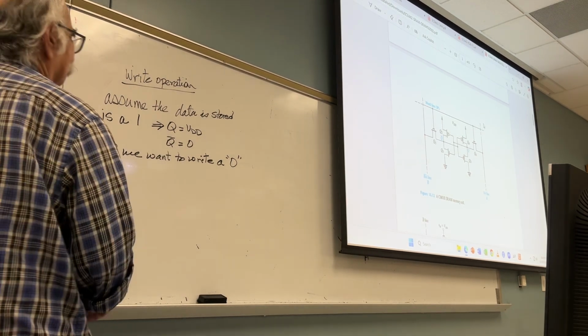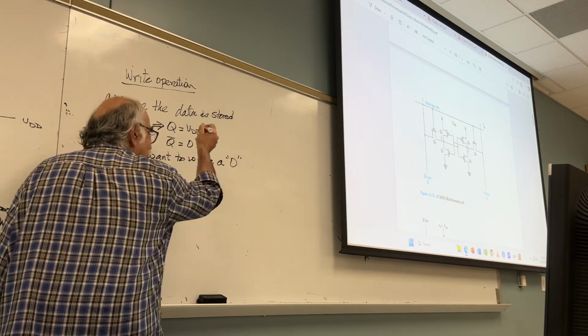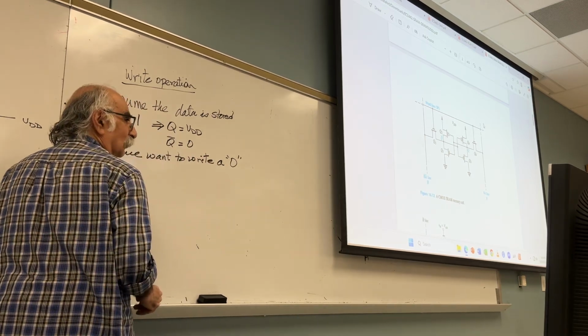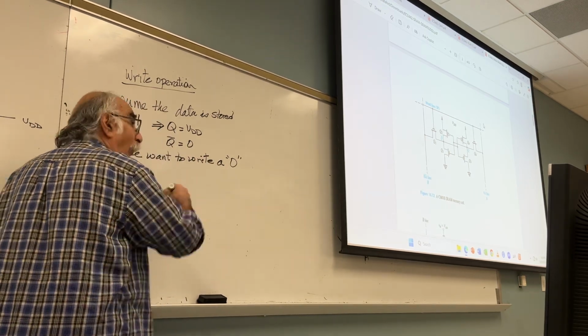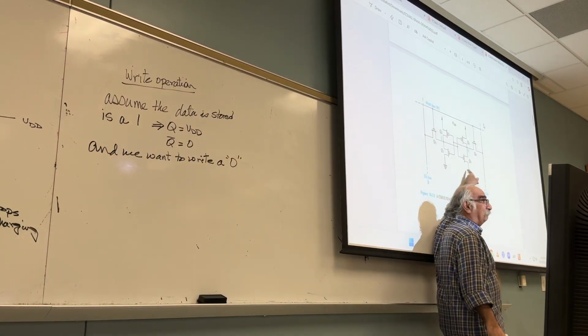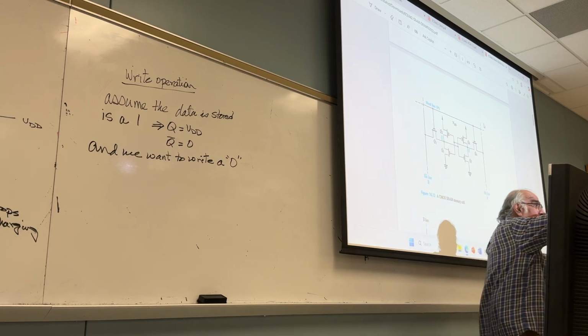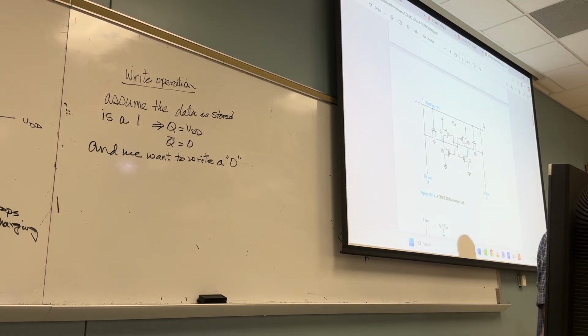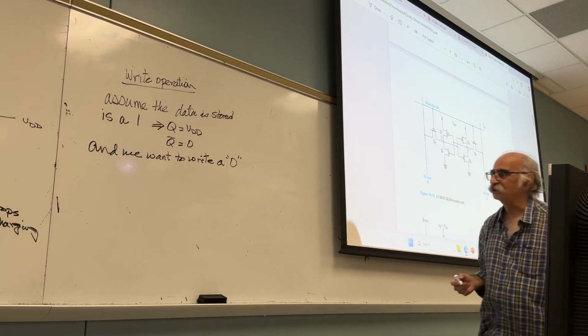Okay, help me. We want to write a 0, which means what? I need to make sure somehow this back-to-back inverter switches. Did you get it or not? Because initially what it was holding was 1. I want to write a 0. What is the step?